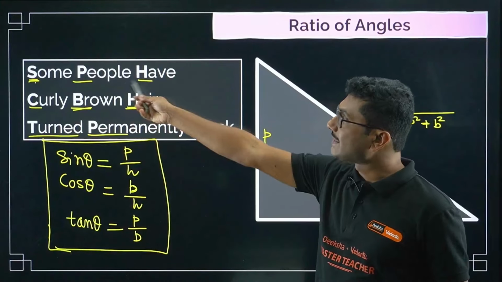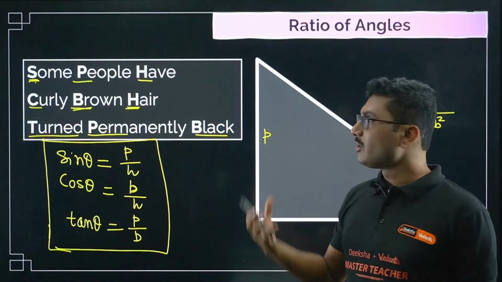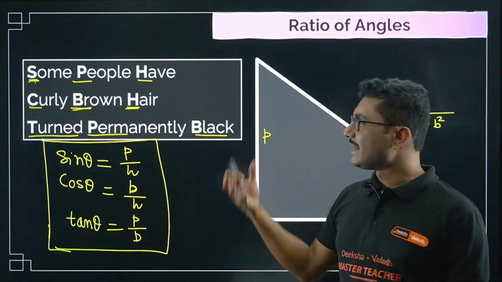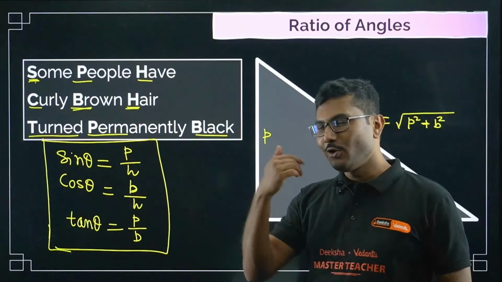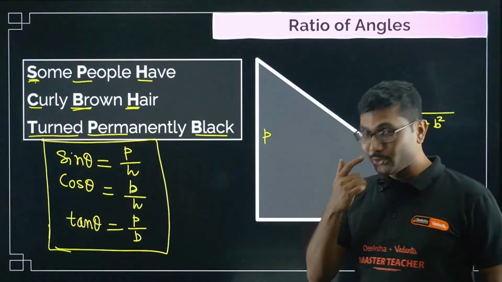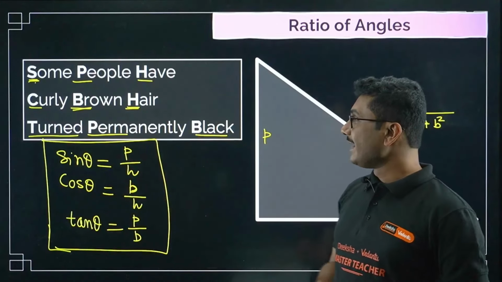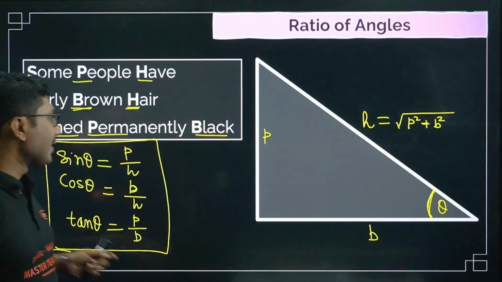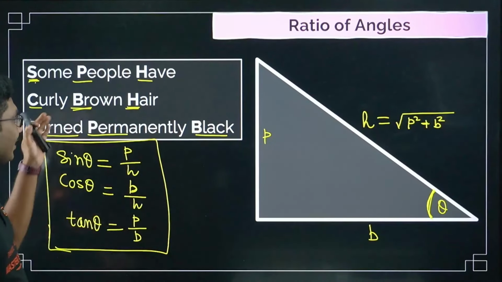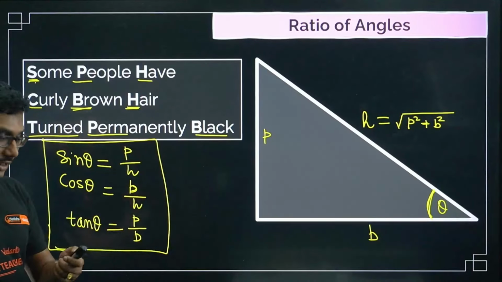But if you remember just this one small sentence, not exactly a rhyme: some people have curly brown hair turned permanently black. This is basically talking about me. I have curly black hair. Anyway, turned permanently black. So this is how you can remember the sine, cos ratios.